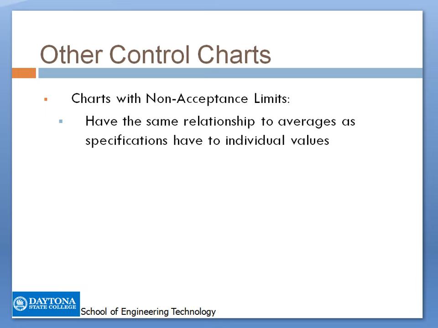But the idea here: specification is something that designers put together to make sure that in production we are always complying with the specifications. It means that this is the maximum or the lower value that the customer will accept. Okay.